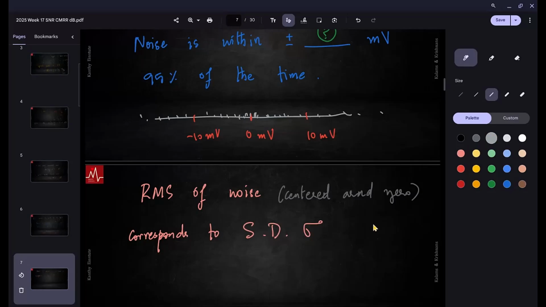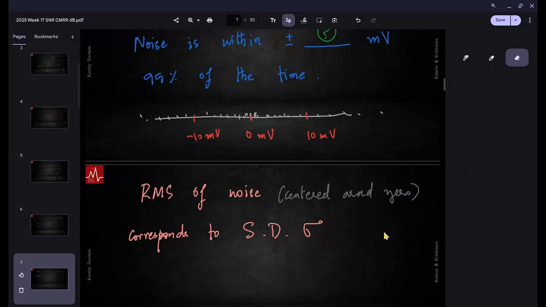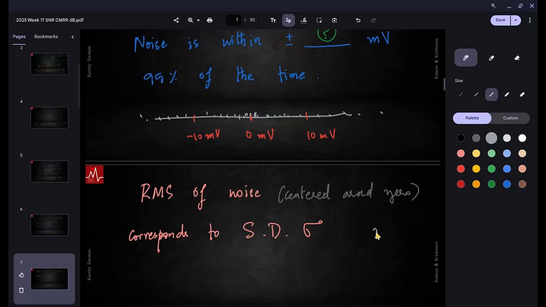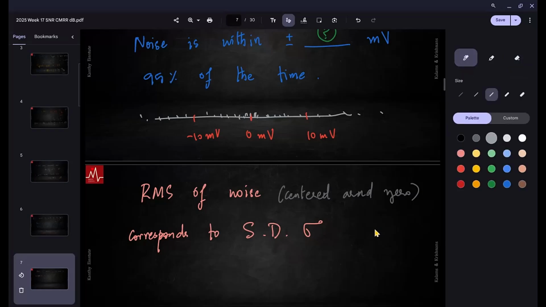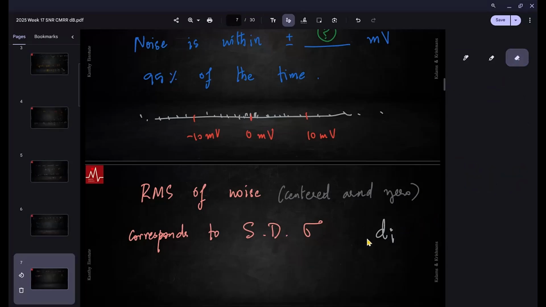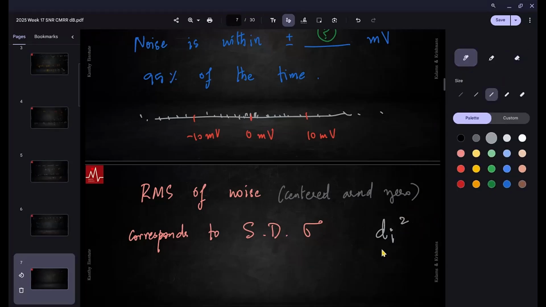Why? Notice, you are looking at a noise value x noise. Let's say this is the noise, the noise data point. This is already centered around 0, so even if you take a mean, the square of that will be just d squared.